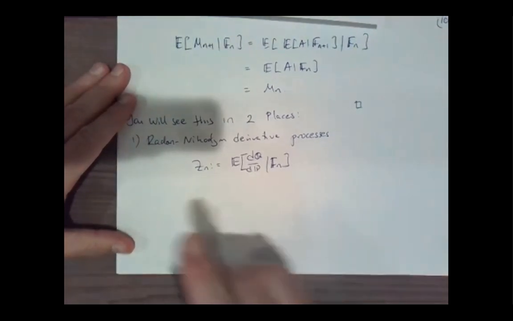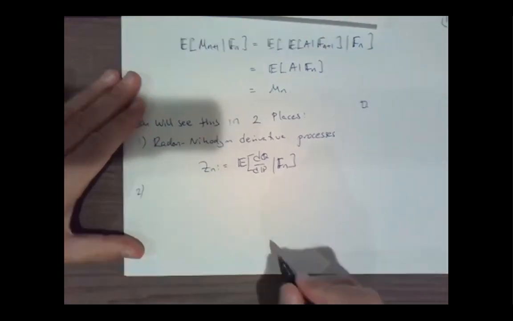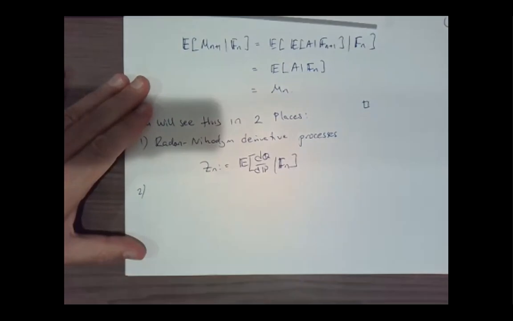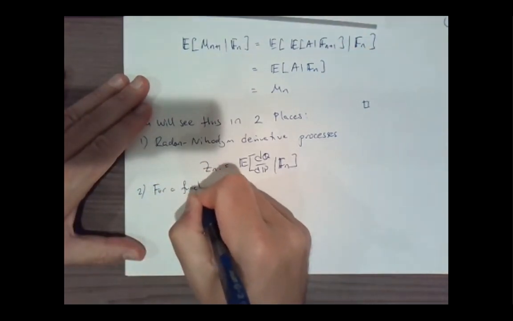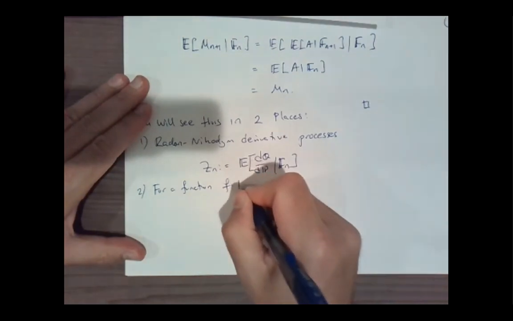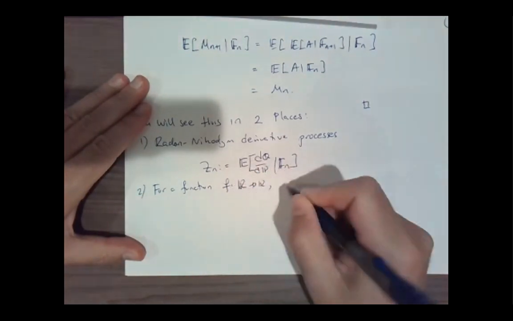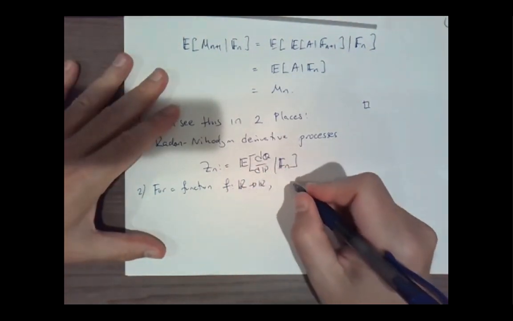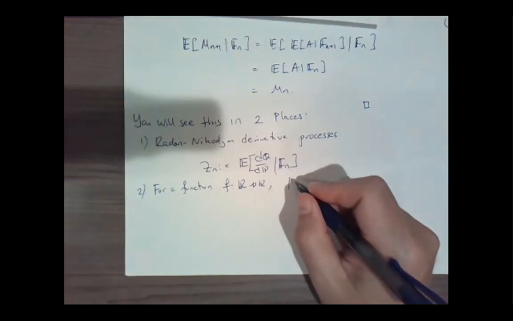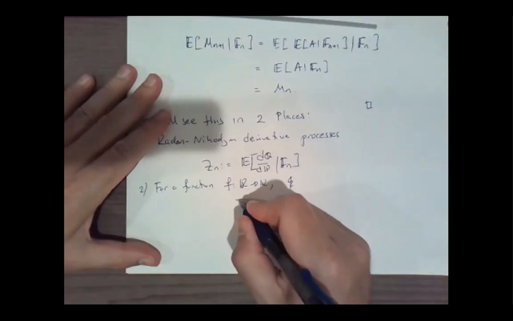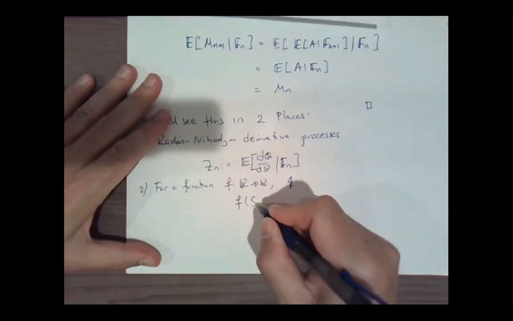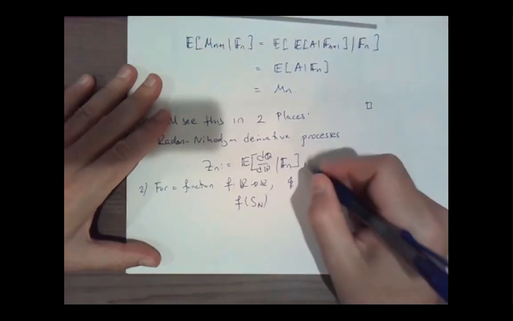So you see it here. Another place you'll see it is when it comes to derivative pricing. For a function, say f, you'll see it when you have a binomial model.